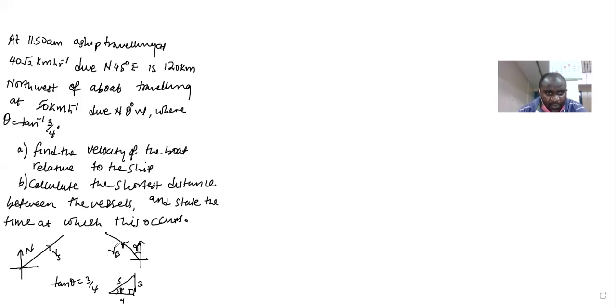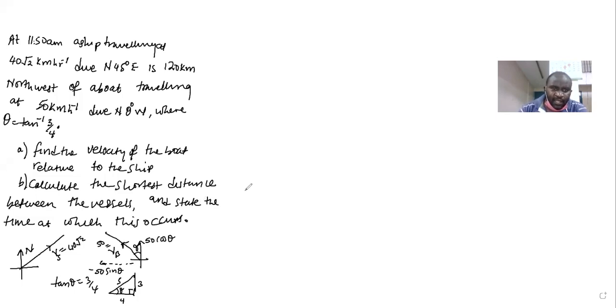So when we resolve horizontally, we shall have, this is supposed to be 50 kilometers per hour. This is supposed to be 40 root 2. So this would be 50, a negative when you resolve, sine of theta. Then up here it will be 50 cos of theta when you resolve the 50 to the vertical and to the horizontal.